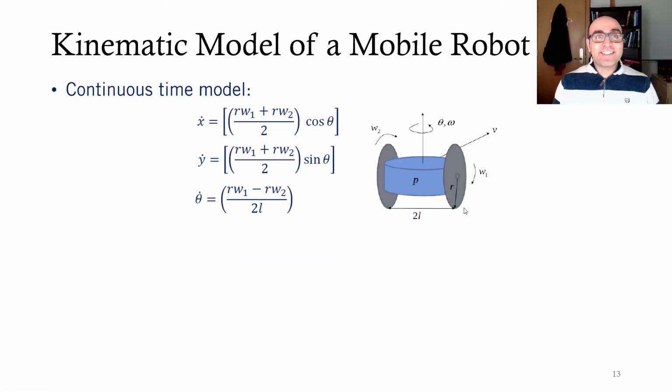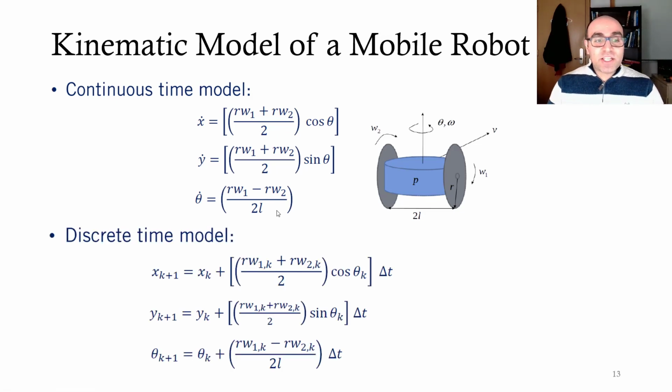Let's summarize it. This is a continuous kinematic model of a mobile robot, the unicycle model. I just replaced v and omega here. So x dot is v cosine theta, and you can write v in terms of the velocity of the right wheel and the velocity of the left wheel.